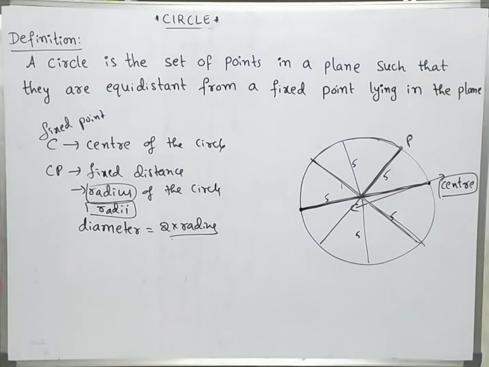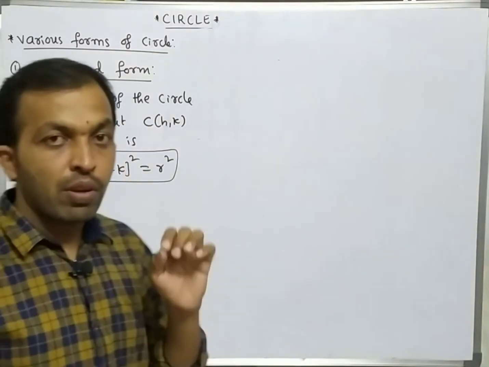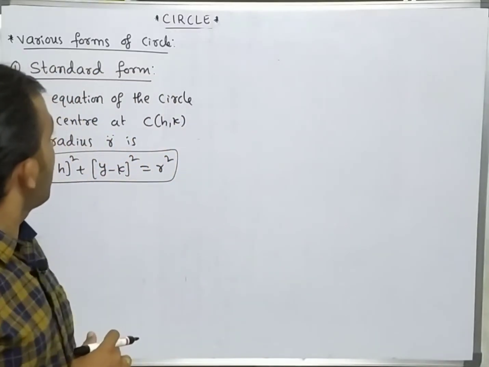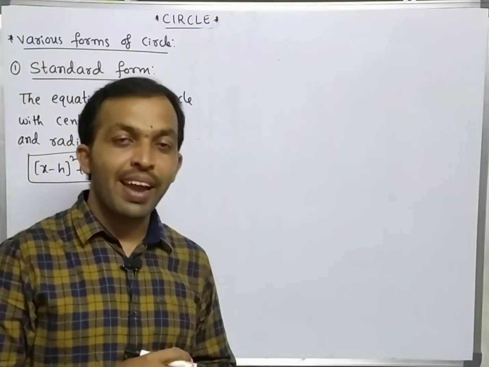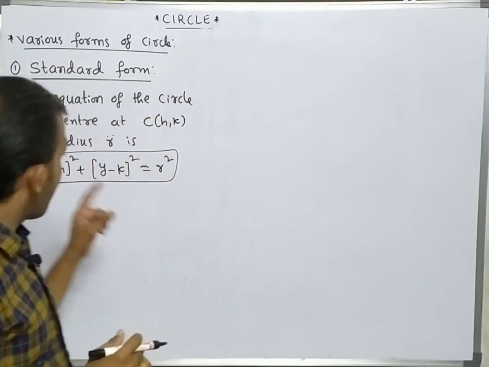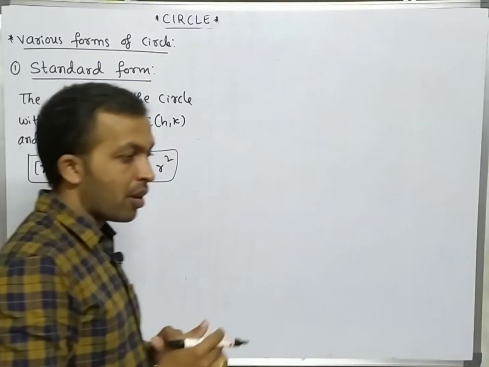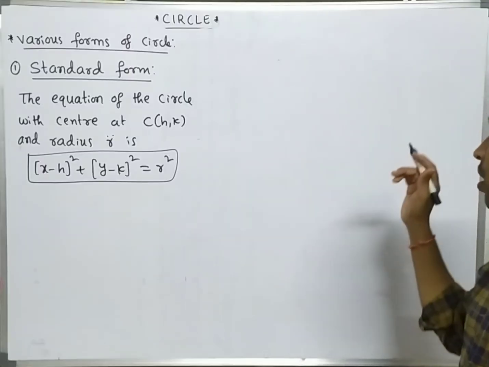Now, various forms of circle. The first form is the standard form of circle. The equation of the circle in standard form is (x minus h) whole square plus (y minus k) whole square is equal to r square, where (h, k) is the center of the circle and r is the radius.